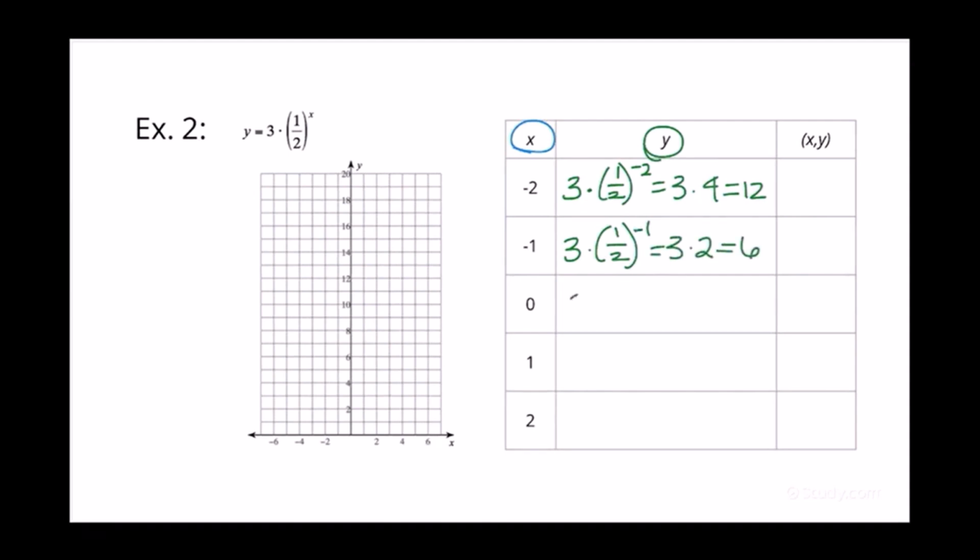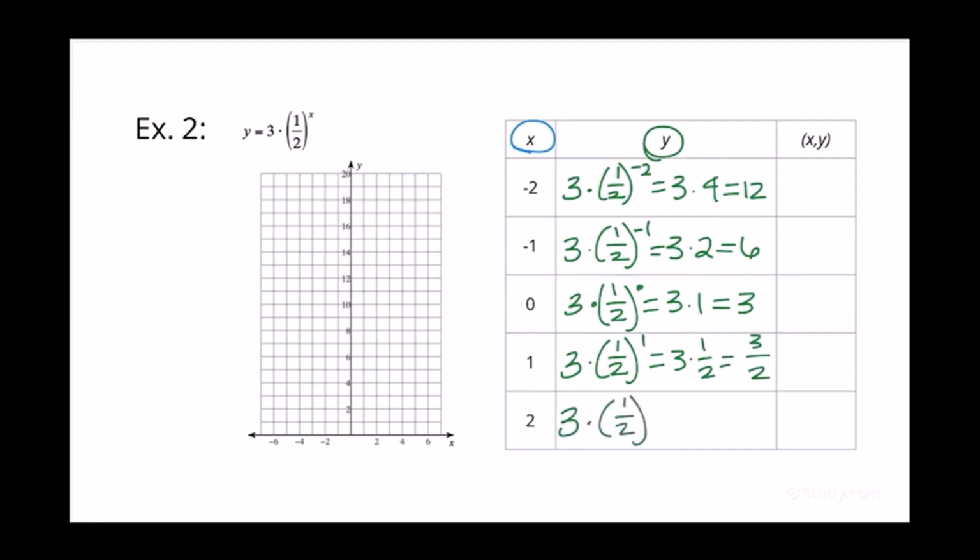If x is 0, we have 3 times 1/2 to the 0 power, which is 3 times 1, or 3. If x is 1, we have 3 times 1/2 to the first power, which is 3 times 1/2, which is 3/2. And if x is 2, we have 3 times 1/2 squared, which is 3 times 1/4, which is 3/4.